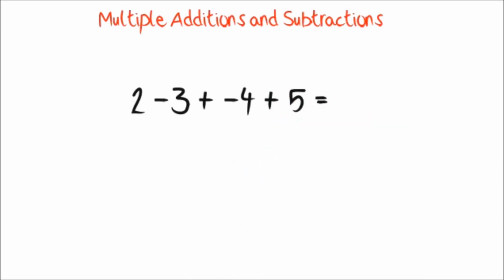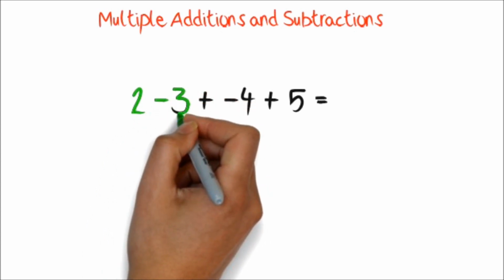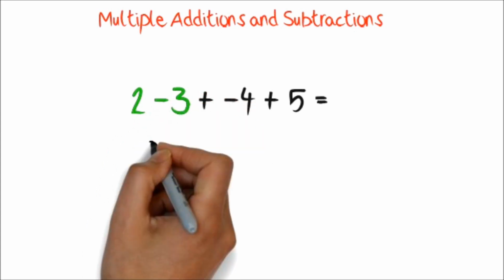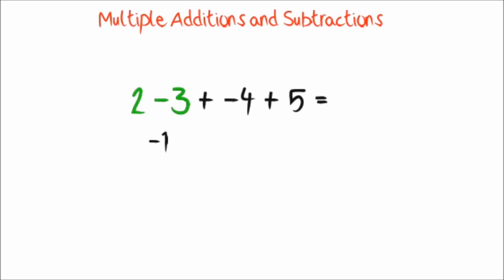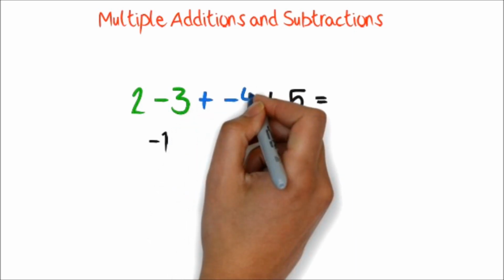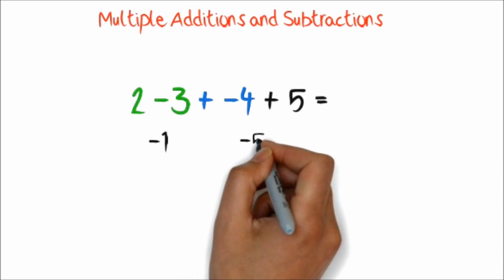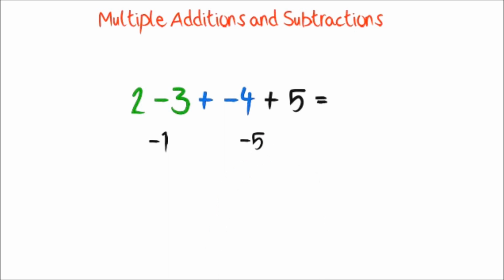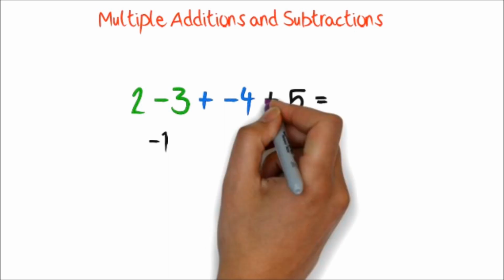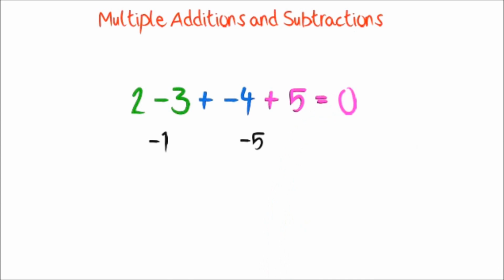Here, we work on the 2 minus 3 first to get -1. Then we add -4 to get -5. Then finally, we add 5 to get 0.